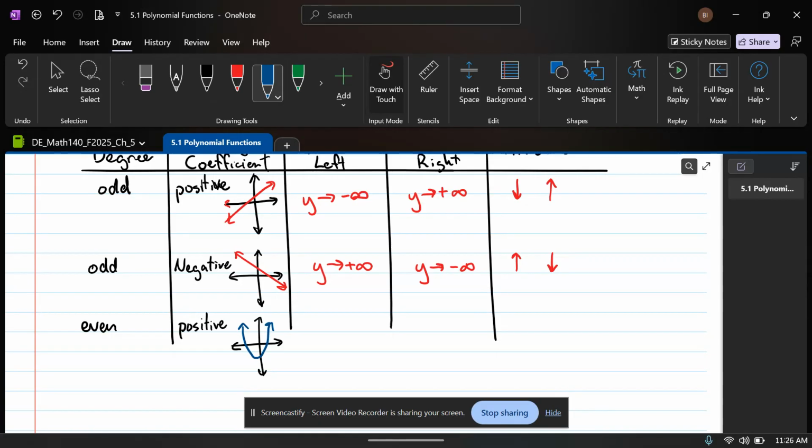The vertex was a minimum. As the left side's going, what are the y values going toward? Positive infinity. The right side, positive infinity. Double up. Even degree, they're going the same direction, evenly.